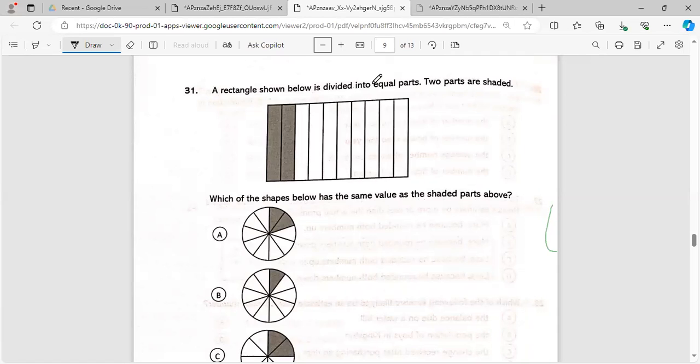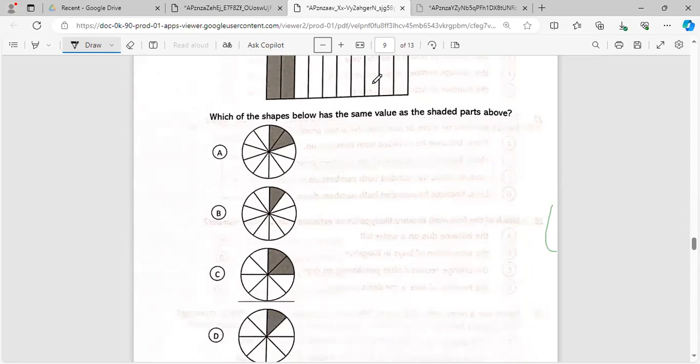Okay. Number 31. The rectangle shown below is divided into equal parts. 2 parts are shaded. Which of the shapes below has the same value as the shaded parts above? Okay. So, sir, can I see these?